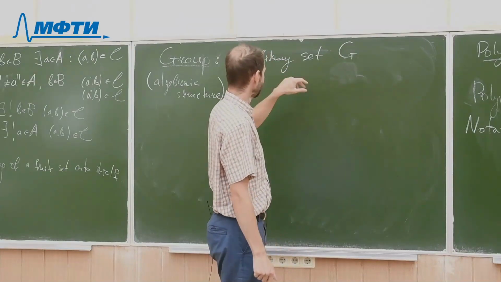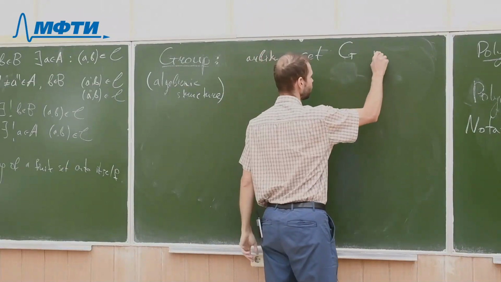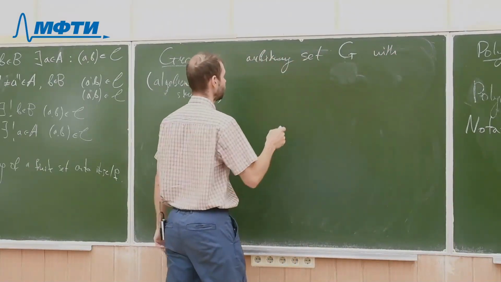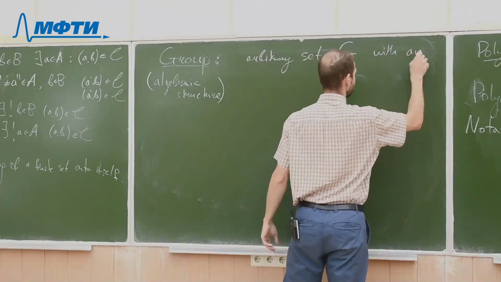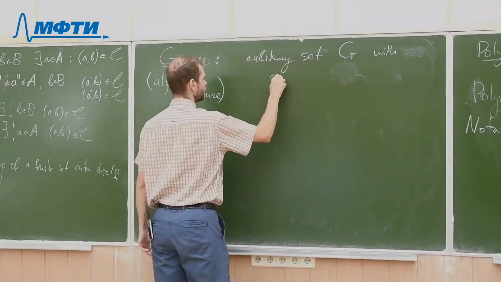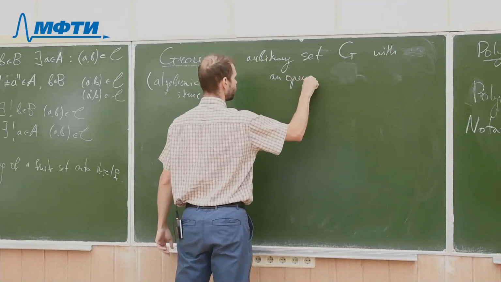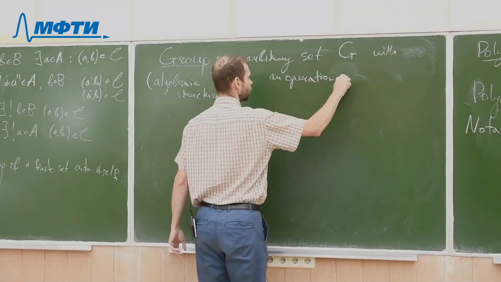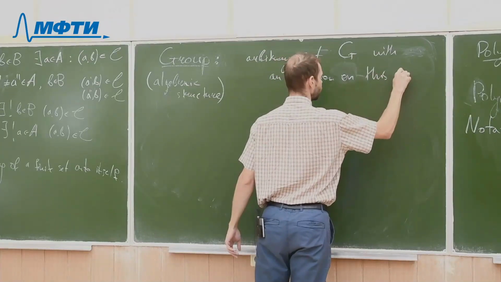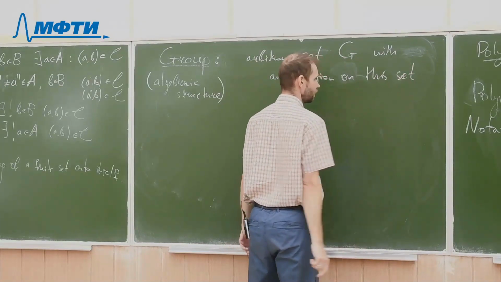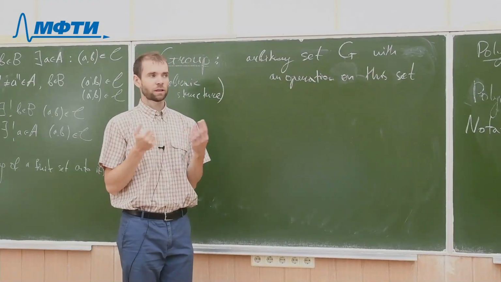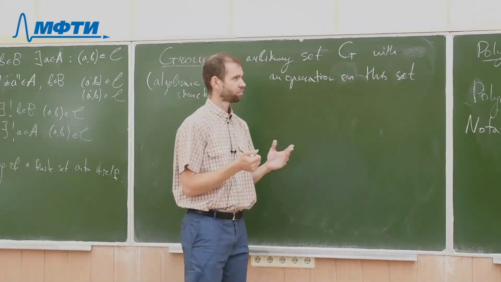So an arbitrary set G with an operation on this set. What's an operation mathematically?